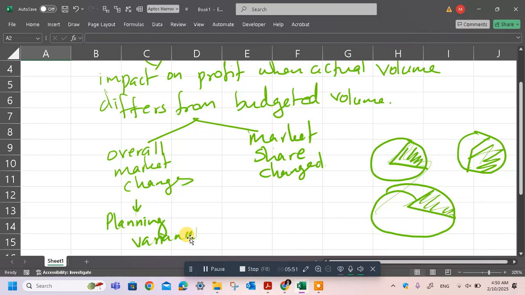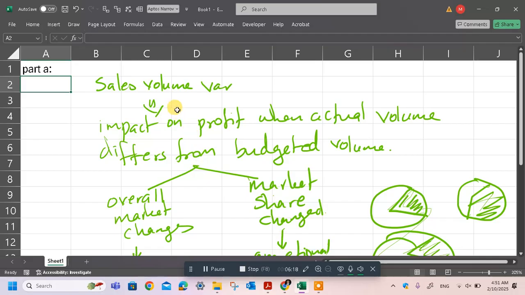What could be the reasons for market size changing? Maybe the government changes its policies, or a shortage of labor supply. This is the overall market. Market share changes reflect your performance. This is the sales manager's performance, which we call operational variance. So this is what you have to explain for those 4 marks.